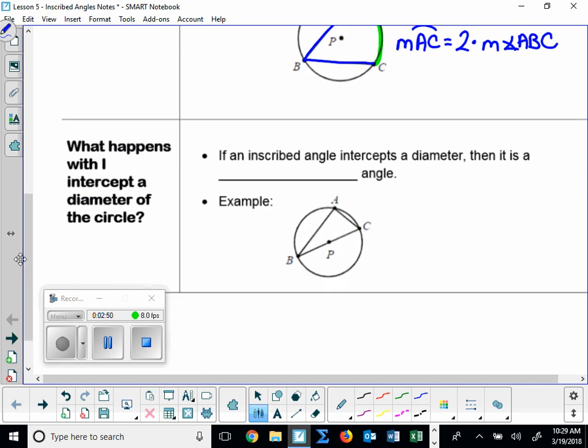Okay, what happens when you intercept the diameter of a circle? So let's look at the diameter of the circle here. That's BC. And my inscribed angle is angle BAC.